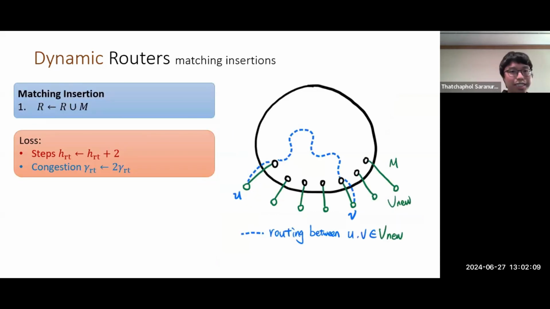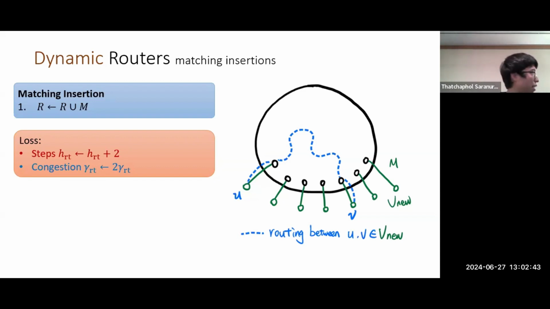Okay, and the next thing is matching insertions. There's nothing to do in the algorithm, just take the union. To see how the parameters change, we consider how to route a vertex unit demand in this new router. We consider a demand pair in this demand. If this demand pair is between old vertices, the black vertices, then we can just route it as usual, because we didn't remove anything from the router.